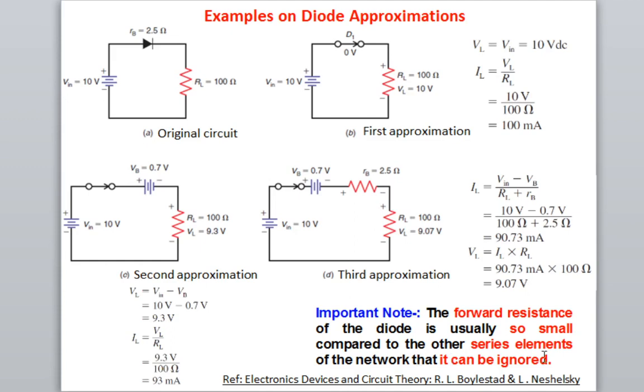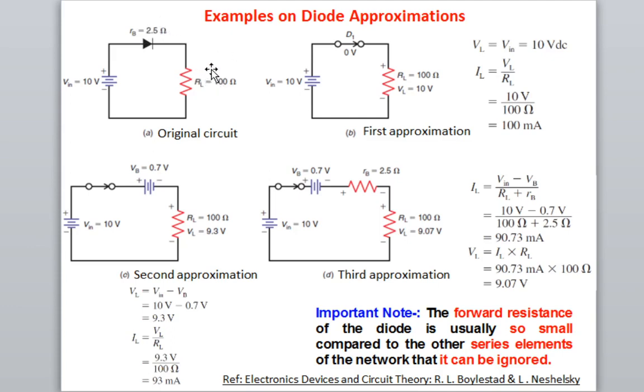What I wanted to say is that if you compare the forward resistance of the diode with the resistance of the circuit, this circuit has 100 ohm resistance and this is 2.5 ohm. In comparison to the load resistance, the 2.5 is very much less than the 100 ohm.